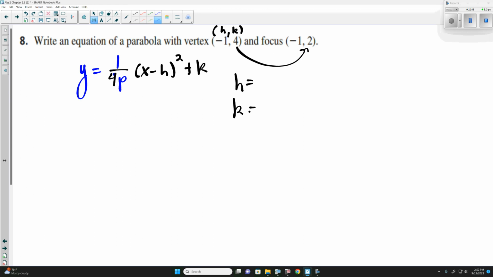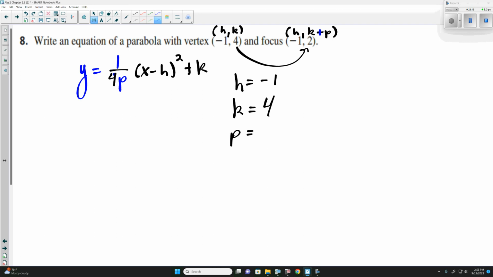We're still looking for h, k, and p. And this is h comma k plus p. Now, just from the vertex, what is the value of h? What is the value of k? 4. Because from the vertex, it told us h was -1, k was 4.